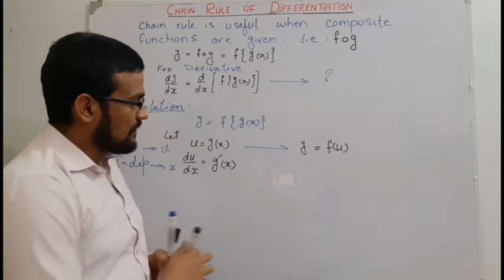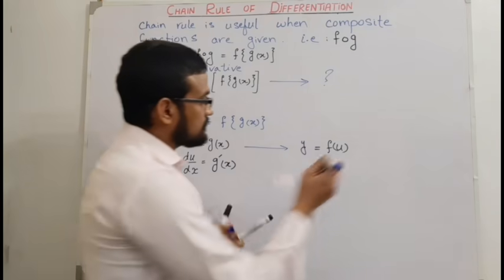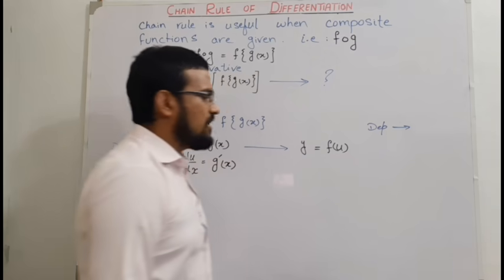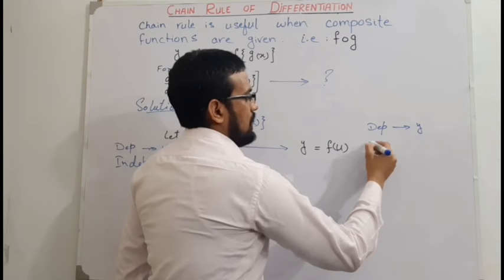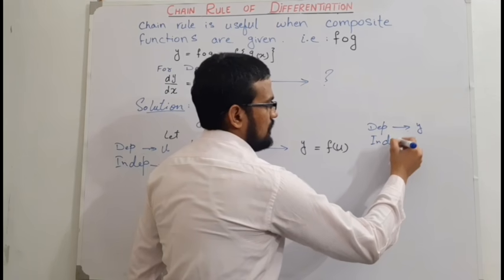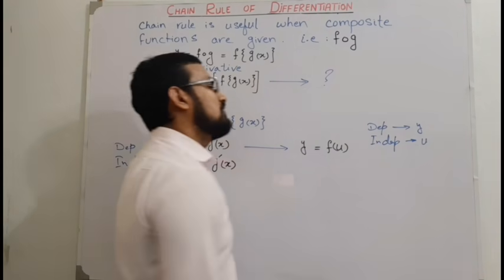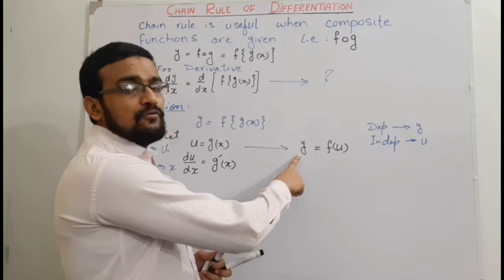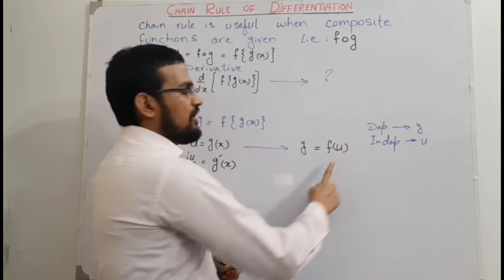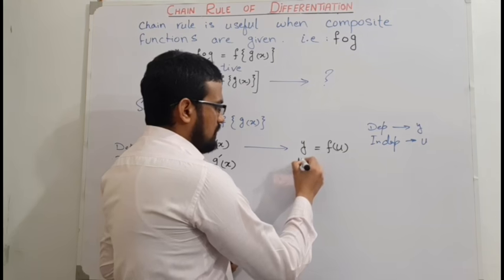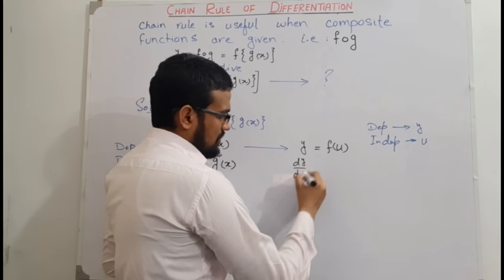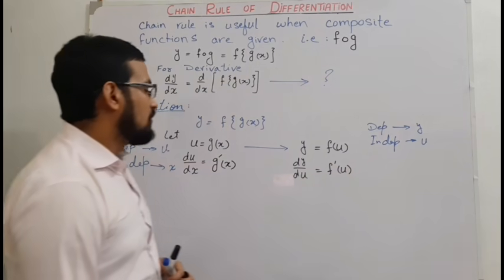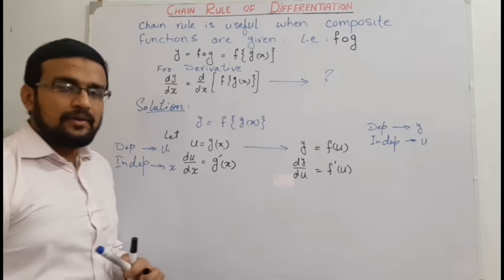Similarly, in this function, the dependent variable is y and the independent variable is u. It means here the derivative of y with respect to the independent variable u is dy over du.